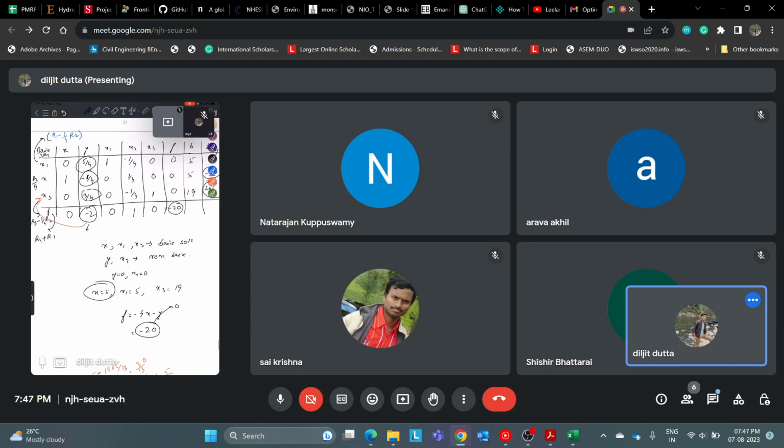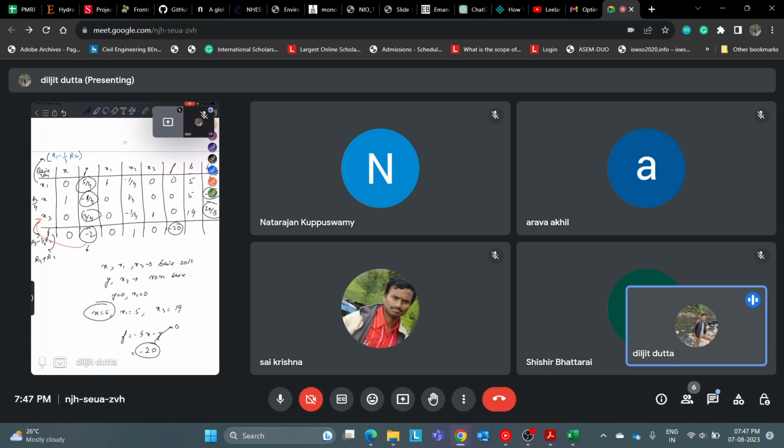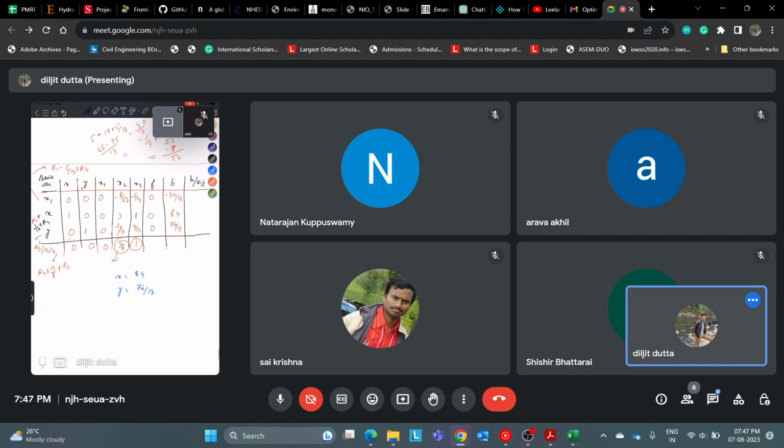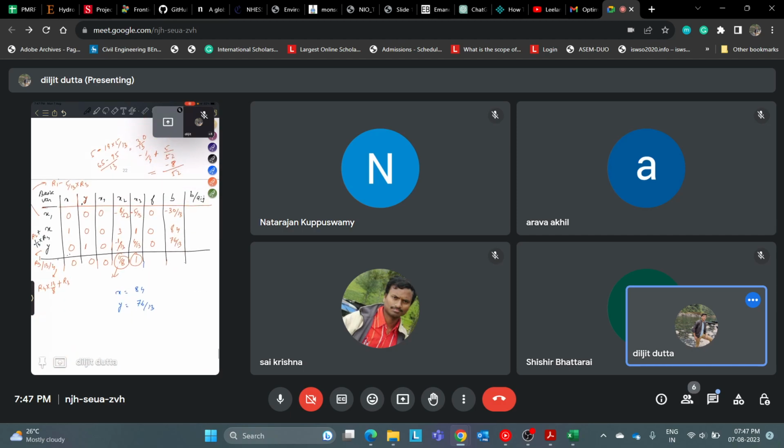So minus 1 by 4, what is for this column, 1 by 4 minus of 1 by 52. So 1 by 4 minus 1 by 52, 12 by 52.